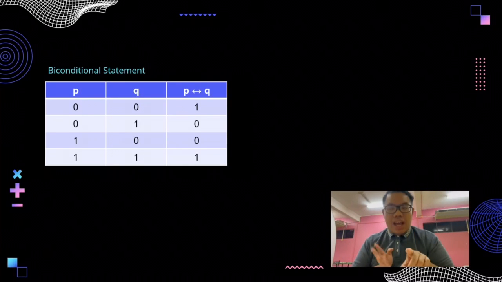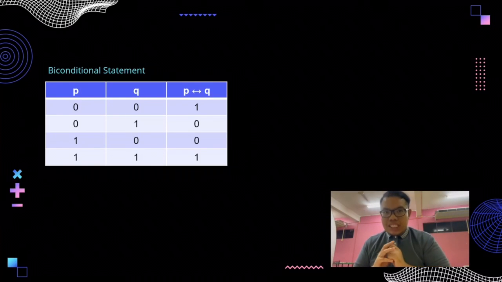If P is 0, Q is 0, then P biconditional Q should be 1, because they have the same true value. If one of them has a different true value, then it should be 0. Next example, if P is 1, Q is 1, then P biconditional Q should be 1.